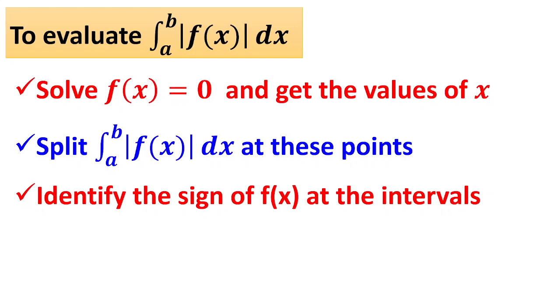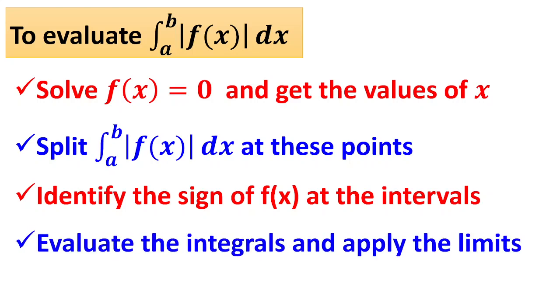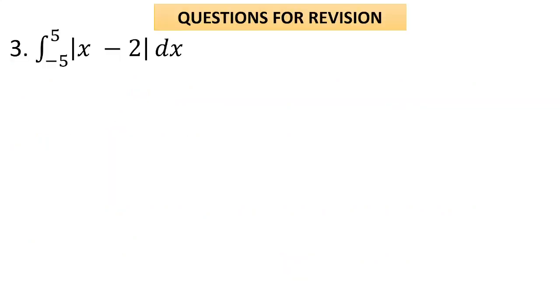The sign of f of x will be either negative or positive based on the value of x. Evaluate the integral and apply the limits. Very simple. Whatever is inside the modulus, equate to 0, get the values of x, split the integral at these points and then identify whether the modulus of f of x is minus of something or simply the same thing. Let us go to this problem now.